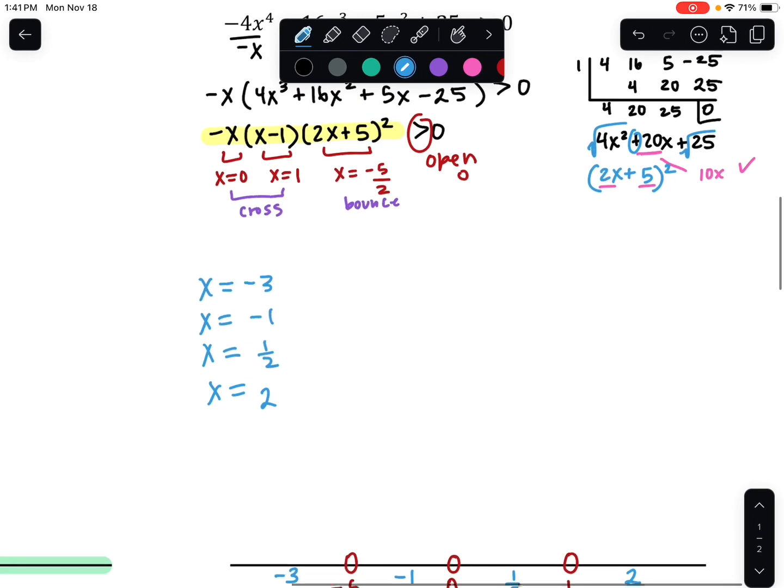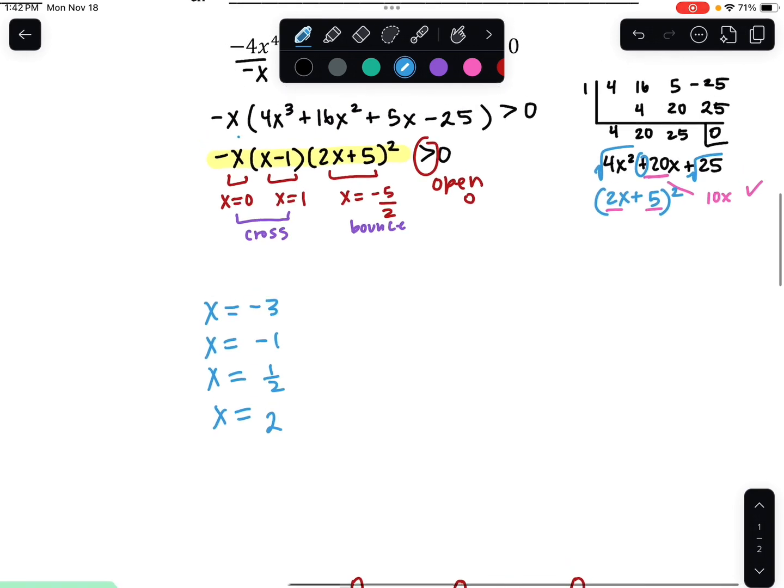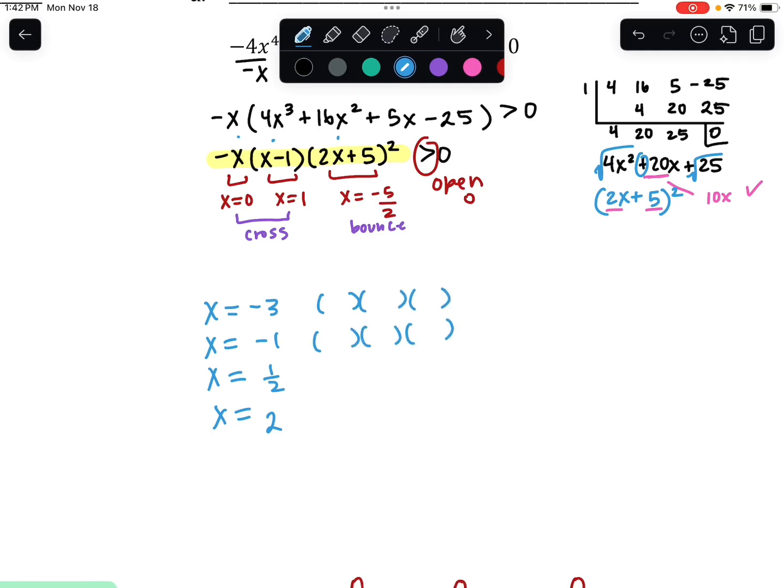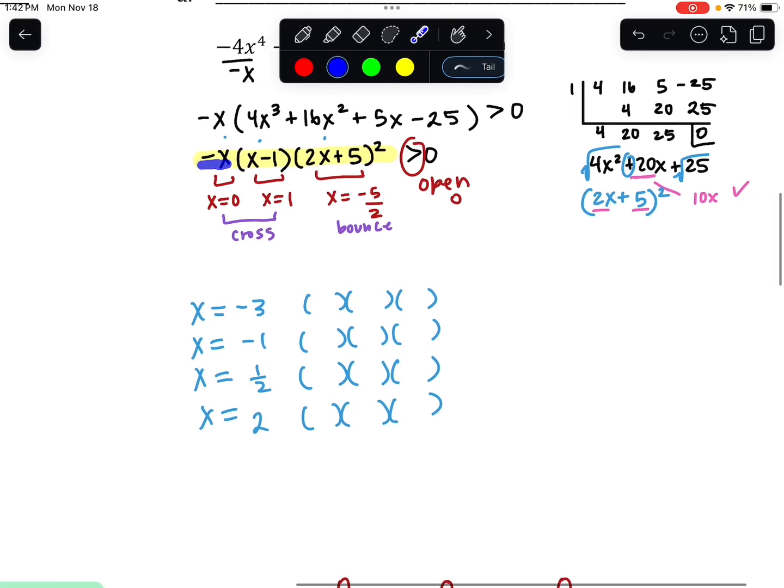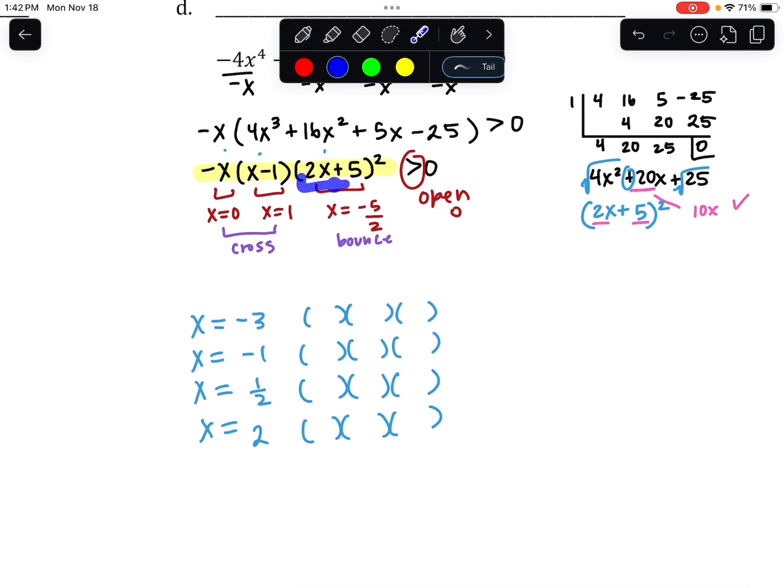And so we're going to plug these into 1, 2, 3 different factors. So I'm going to put 3 sets of parentheses. And you have to be really careful with this negative x. And then something else you might notice is this factor is being squared.